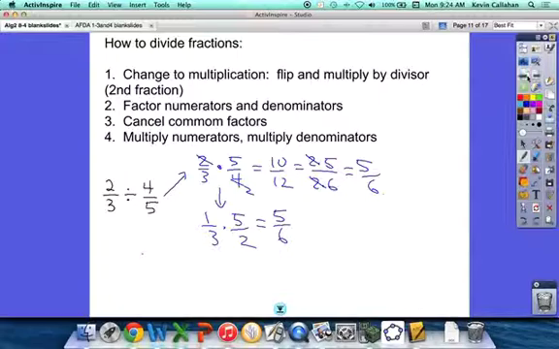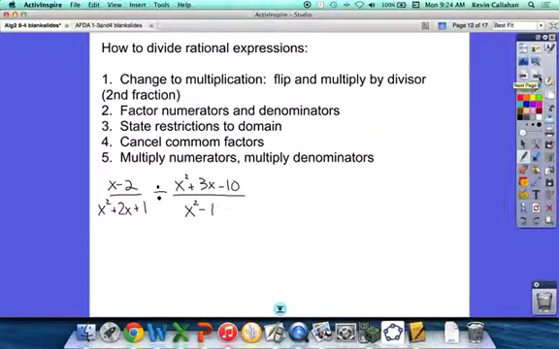Make sure you don't divide by 0. So that's why we need to have restrictions to the domain. It was a step we didn't have to worry about with fractions. So the very first step, we got to change this into a multiplication problem by doing what?